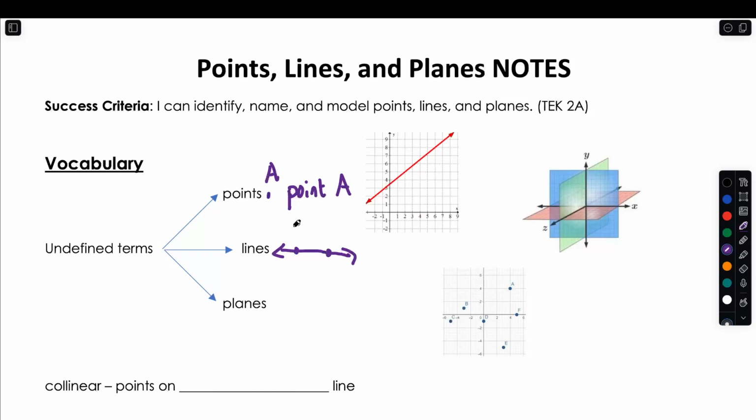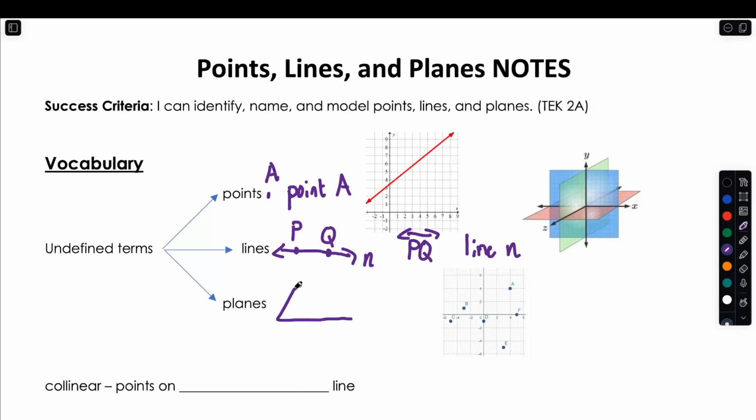To name a line, we choose 2 points on the line, put them next to each other, and put a bar with arrows moving in the left and right direction above them. Or we find a lowercase italicized letter next to the line, and we use that letter to name our line. Lastly is a plane.